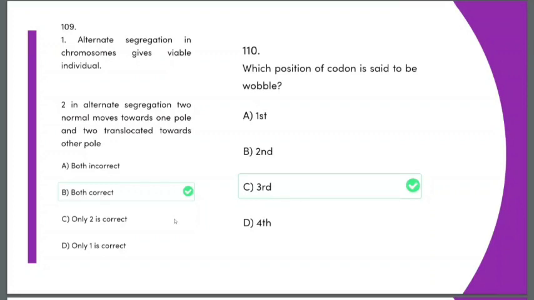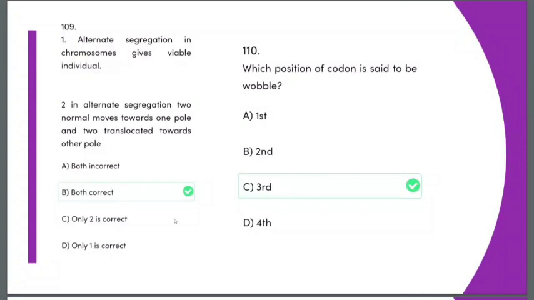109th: alternate segregation in chromosomes gives viable individuals. The second one is in alternate segregation two normal chromosomes move toward one pole and two translocated towards the other pole. Both are correct. 110: which position of the codon is said to be wobble? Third position.